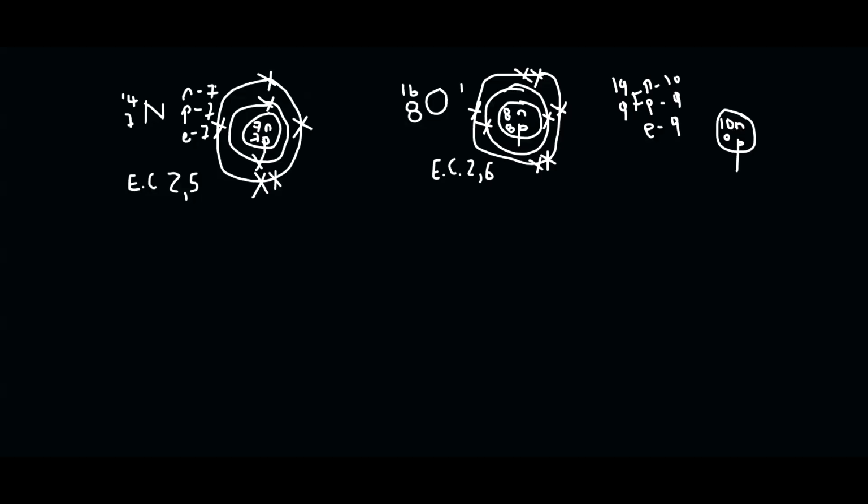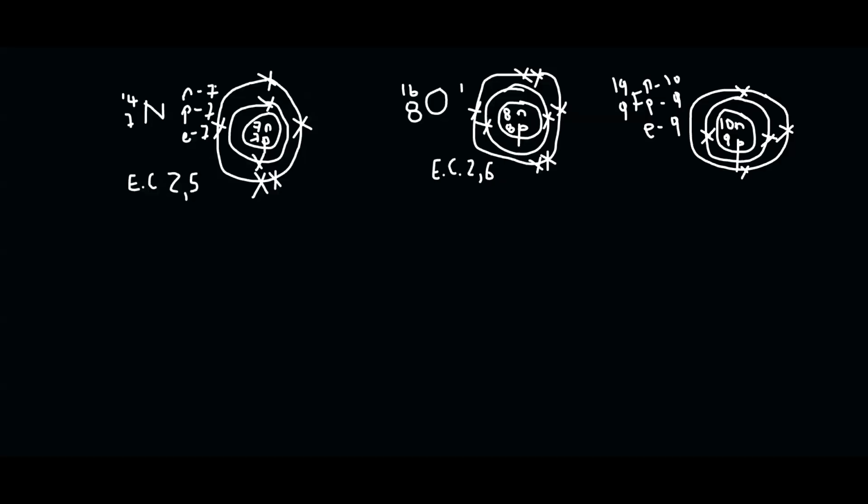You're following the concept so far, right? Yes, sir. All right, good. The first shell can hold a maximum of 2. Second shell can hold a maximum of 8. So let's see if this one is completely filled with the 8.